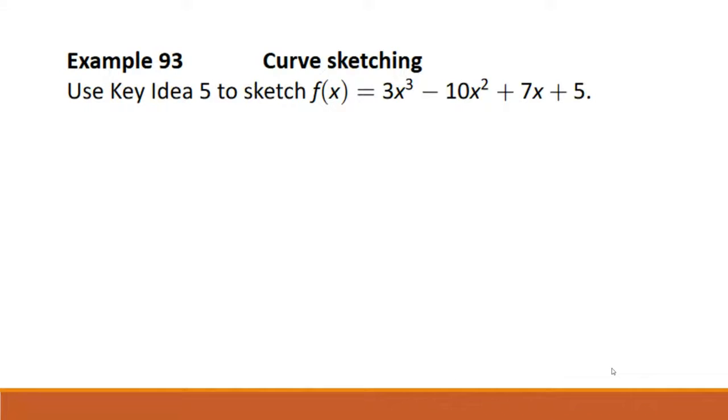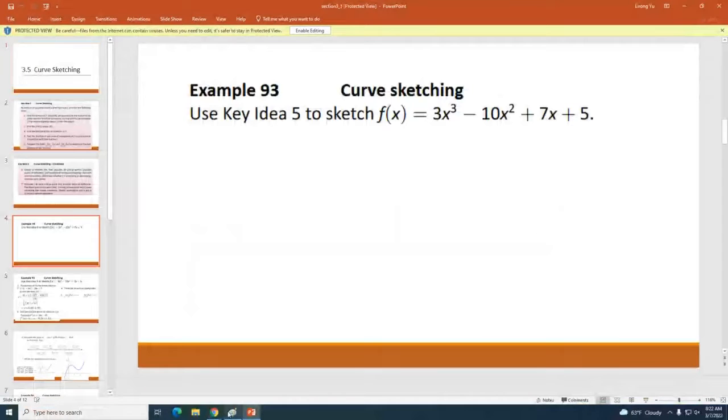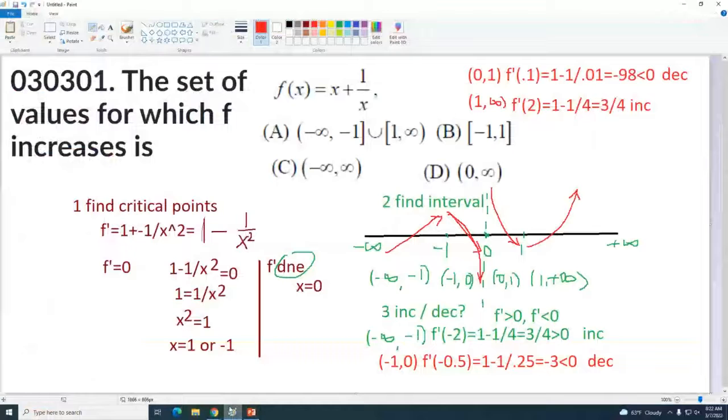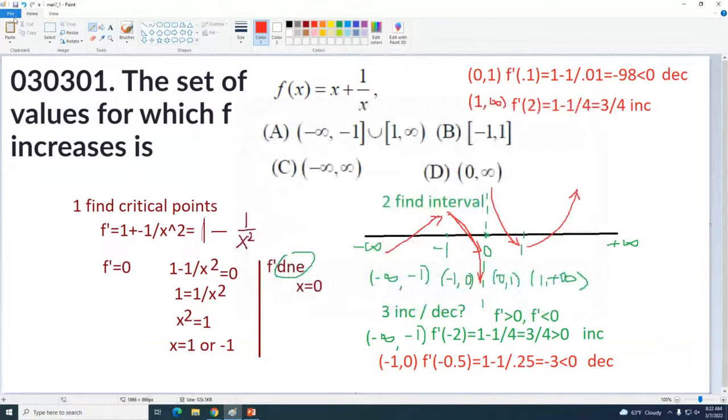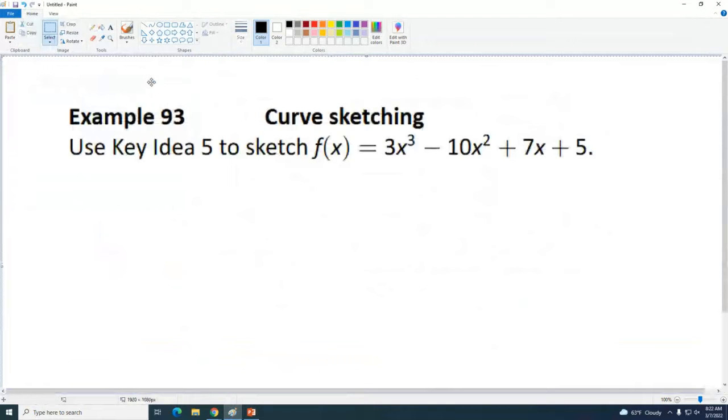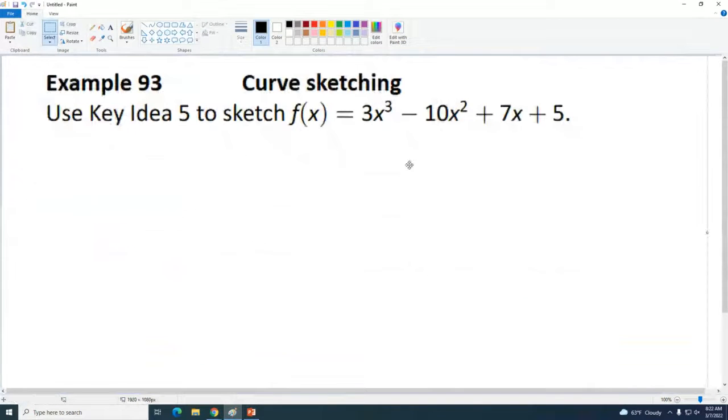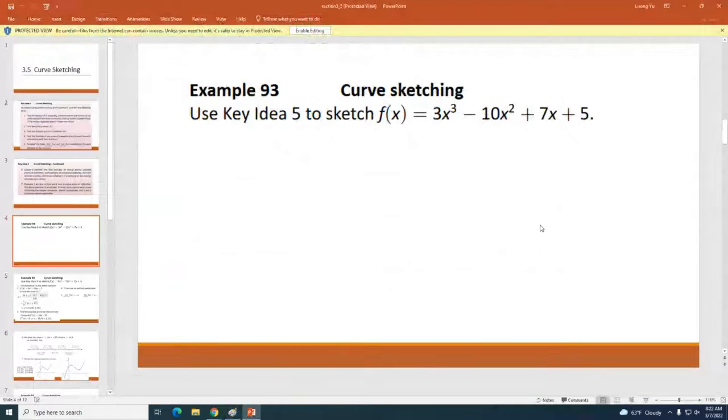Let's see, first the sketching steps. So let's try to follow those 7 steps, which were mentioned here.